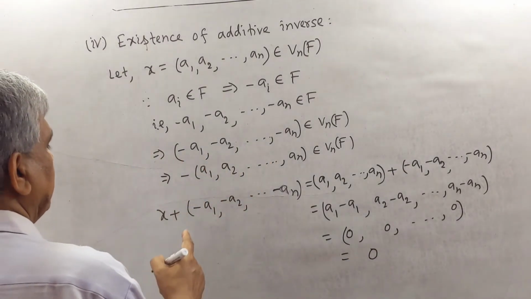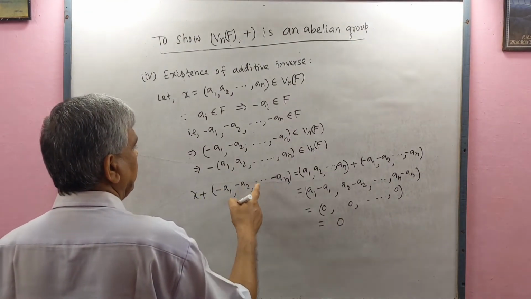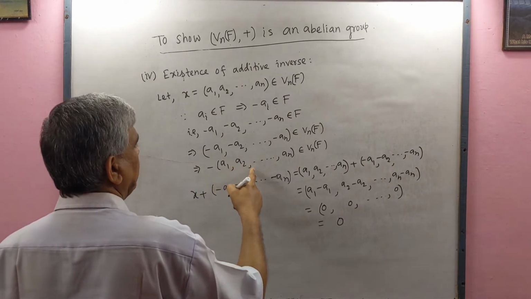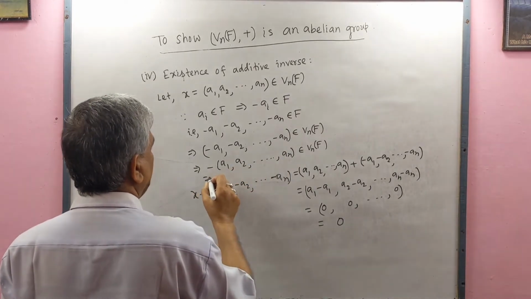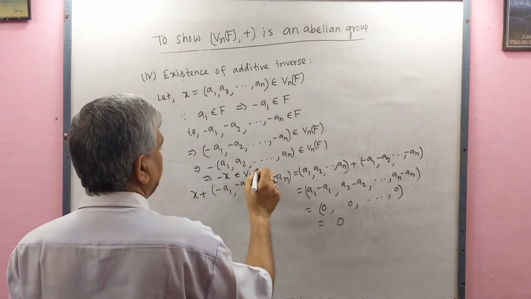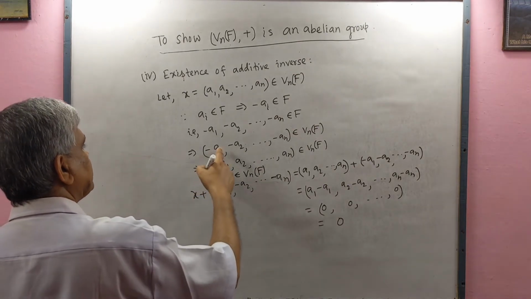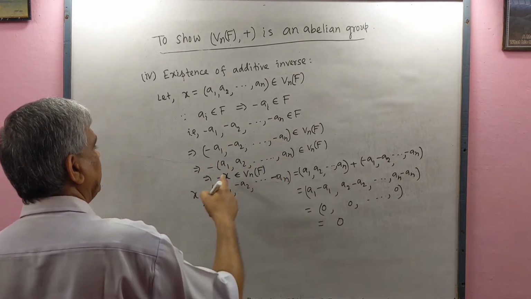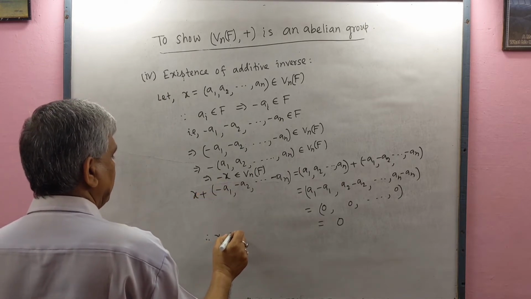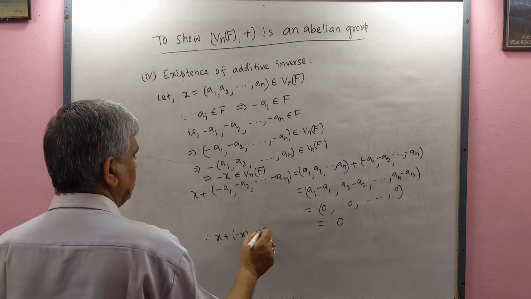If we write this (minus a1, minus a2, ..., minus an) equal to minus x, it implies that minus x belongs to VnF. So in place of (minus a1, minus a2, ..., minus an), we may write minus x. Therefore x plus minus x equal to 0.